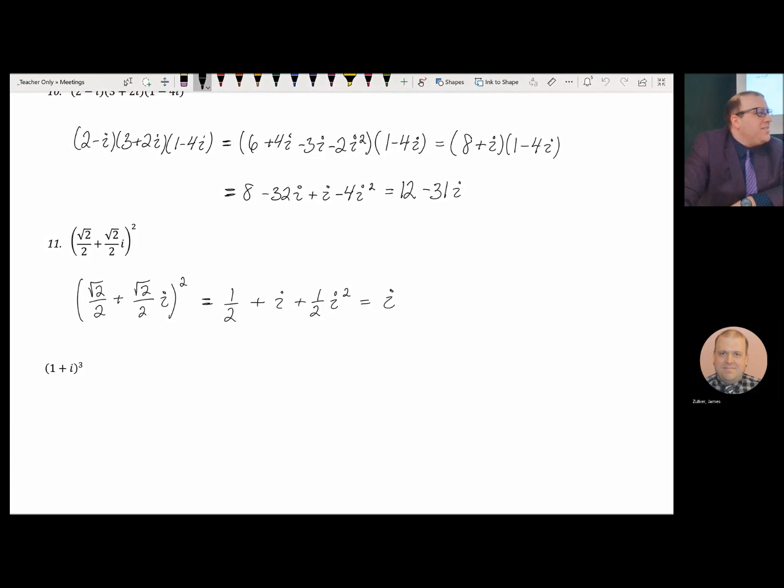Half times 2 is 1, isn't it? So it's i. So think of i as x. If this was, let's say, a plus bx all squared. Remember that formula from algebra? a squared plus 2ab, right? And then plus b squared. That's all we did.